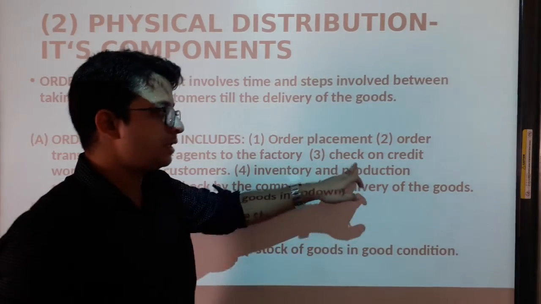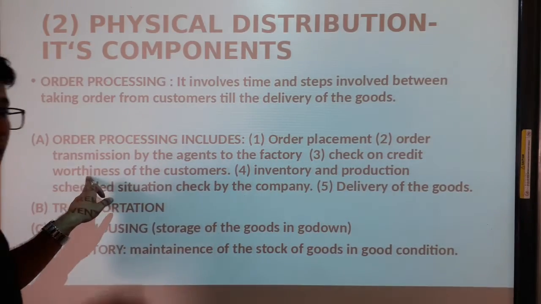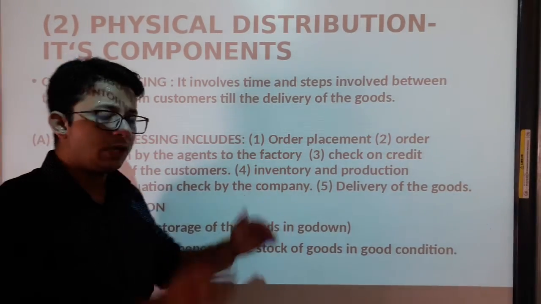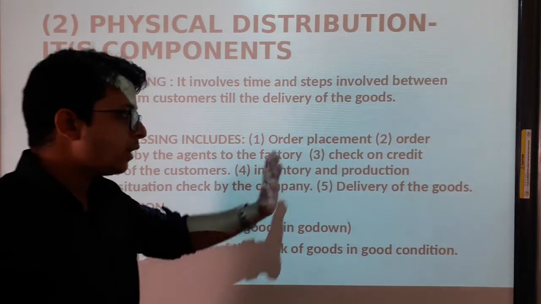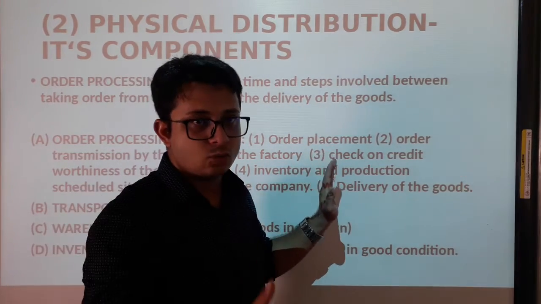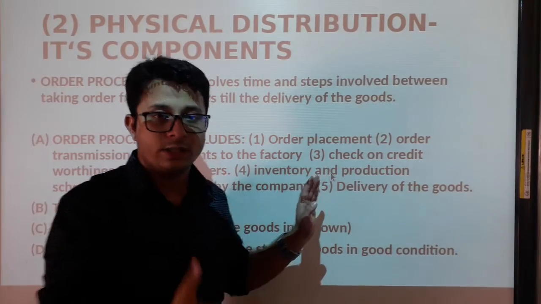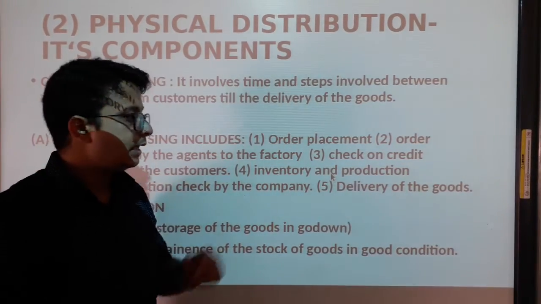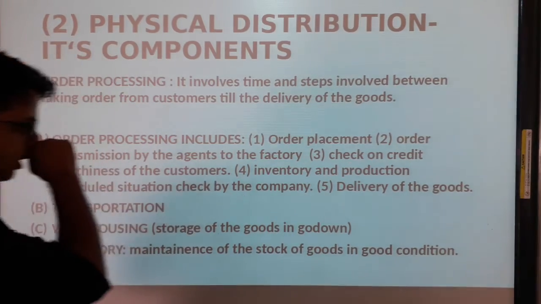If he is not credit worthy, then we will stop his order right in this step. But if he is trustworthy, or has a very good credit worthiness, in that case we will be processing his order.